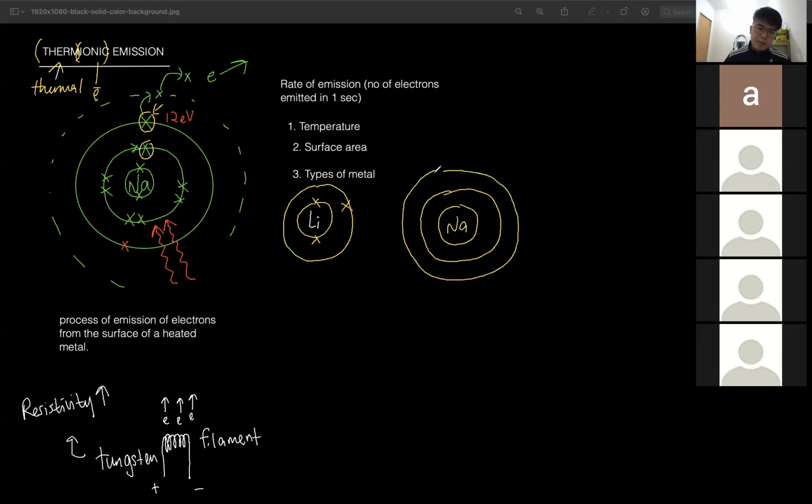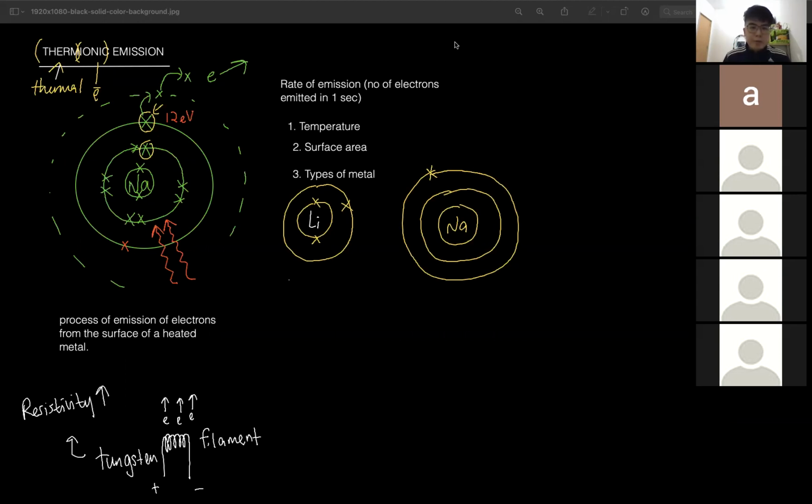So lithium, the valence electron is closer to the nucleus, so it will have a stronger force compared to this one. Okay, so the types of metal affects the rate of emission. If the force is weak, then you heat it very easily, then it will come out. Okay, what else? Number 4. All this you need to remember, 1, 2, 3, 4, they will ask you one.